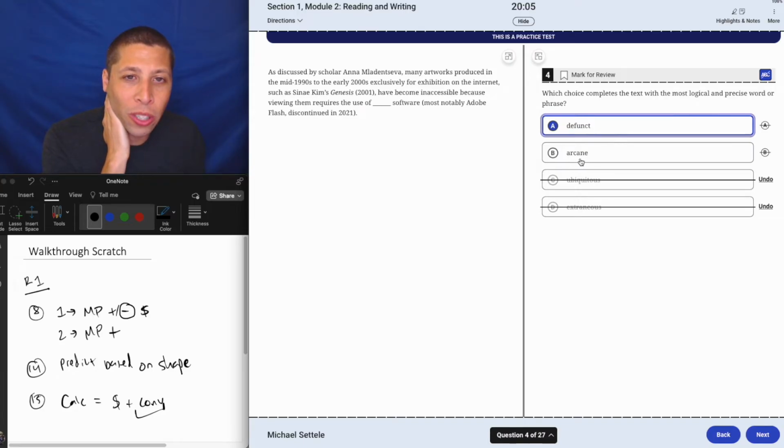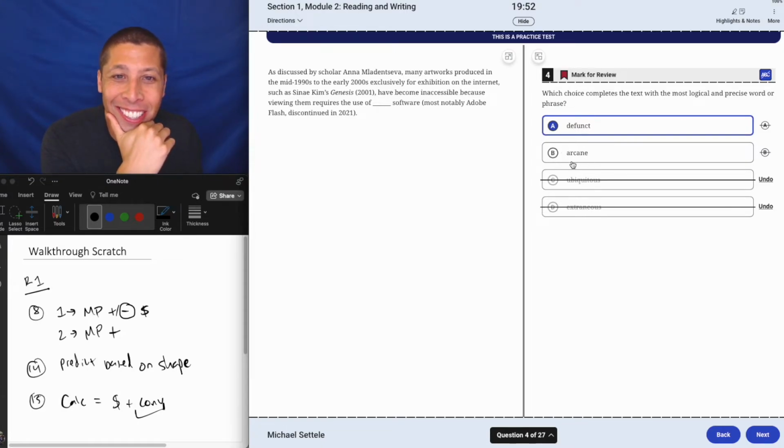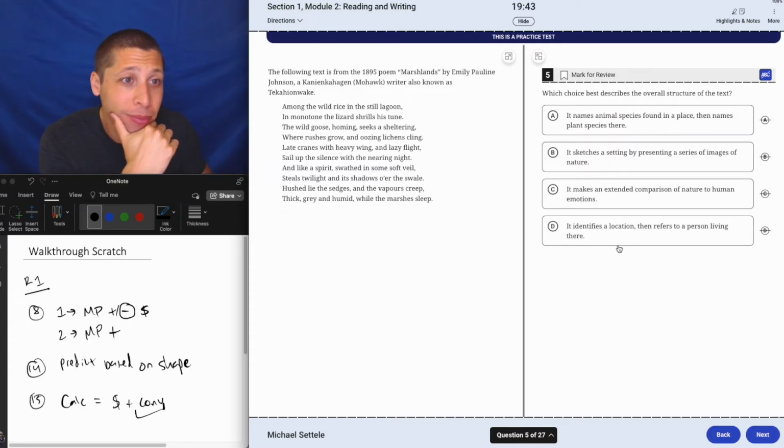Arcane means like old and ancient, and I guess that's kind of what they're going for here, but defunct means it's not functioning anymore. Defunct. That's tricky. I feel like arcane is close, but it just would be weird here. It's a good example of usage. You gotta just kind of feel it out, and knowing the word helps. Yeah. All right.